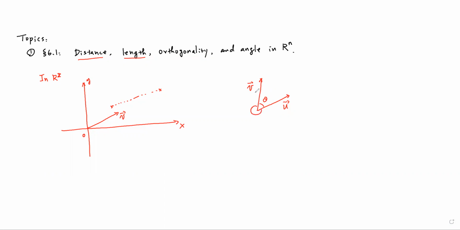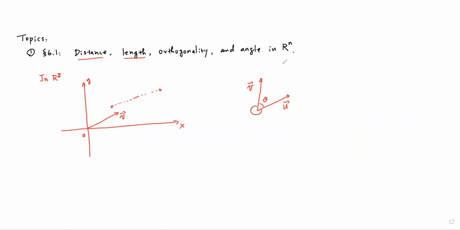But usually, when we say the angle between 2 vectors, we mean the smaller angle, between 0 degrees and 180 degrees. When the angle is 90 degrees, we say that these 2 vectors are orthogonal to each other. This is in R2.